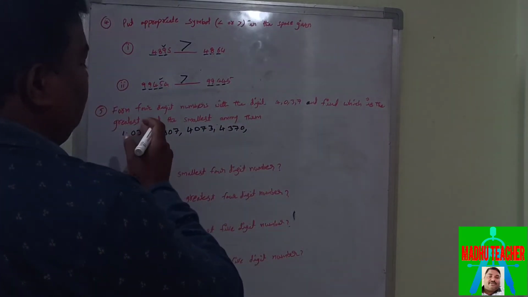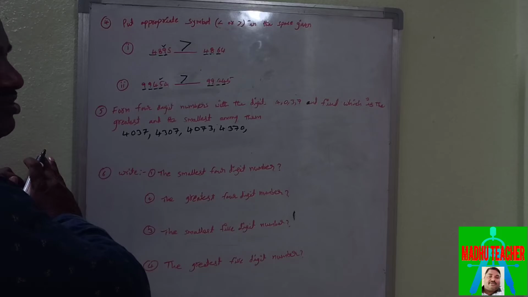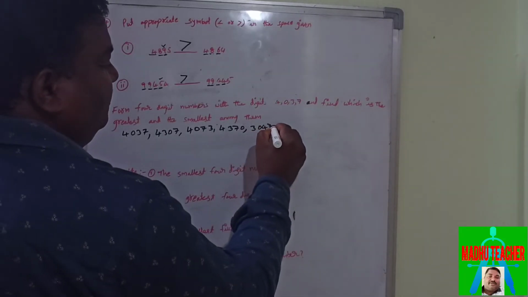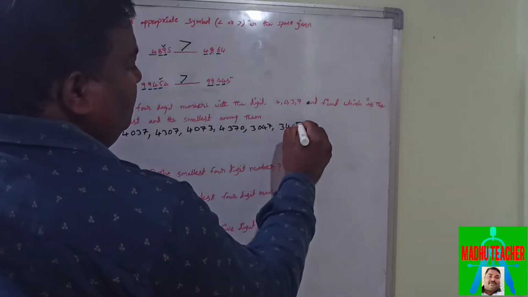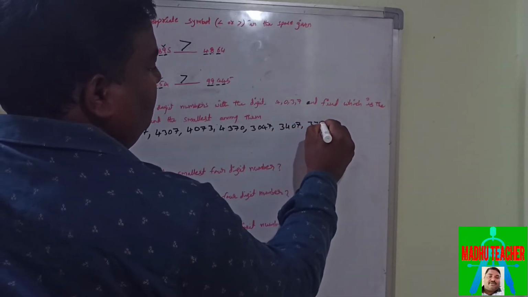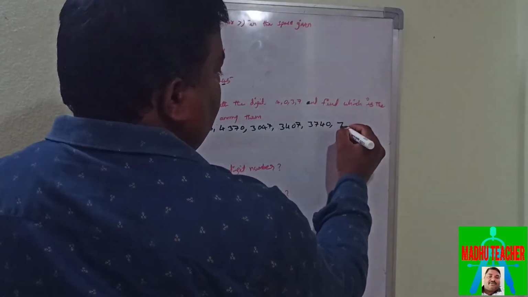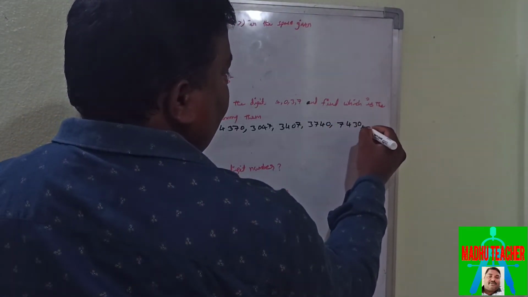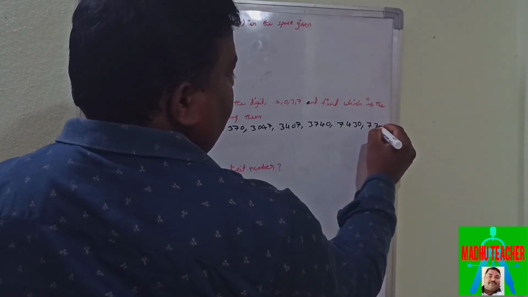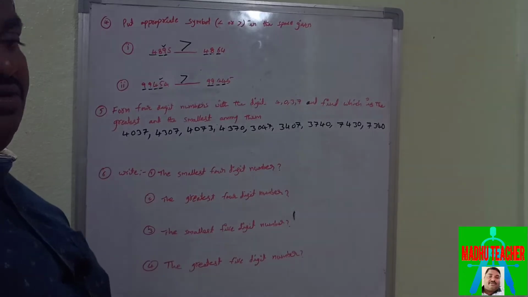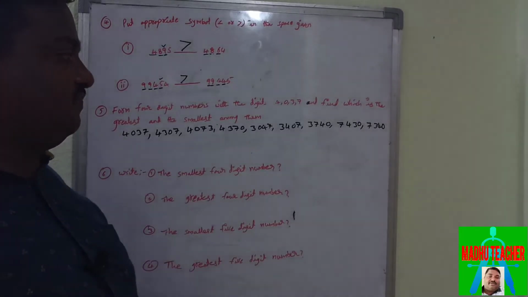By writing 3 in the thousands digit, 3047, 3407, 3740, like this. You can write some more: 7430, 7340. So like this you can write some more 4-digit numbers.